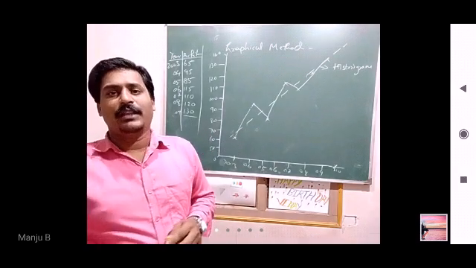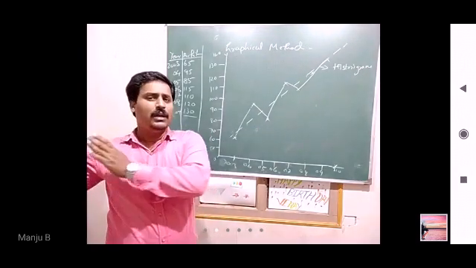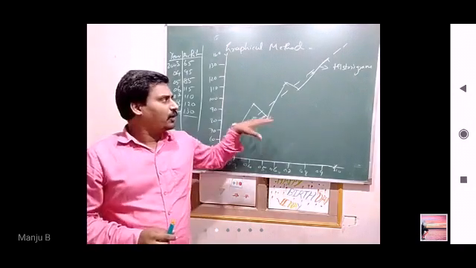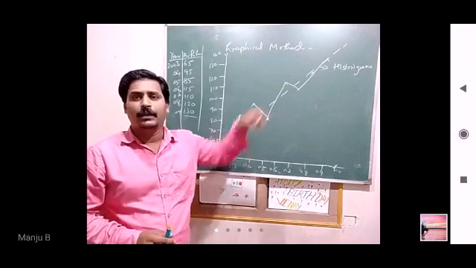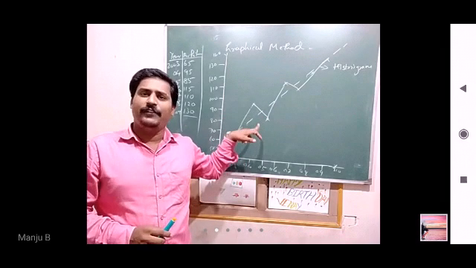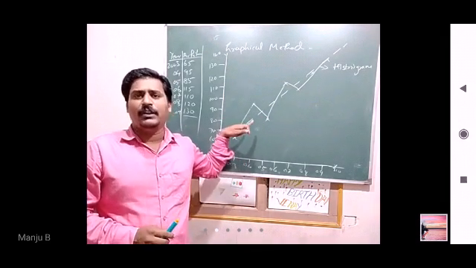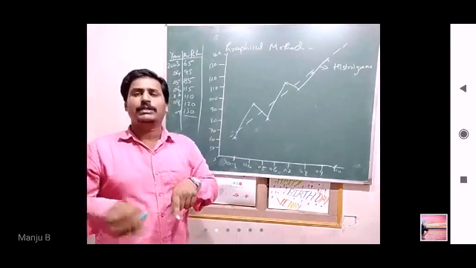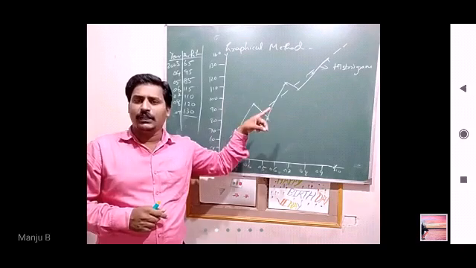After drawing the histogram, with the help of the trend values that we identify, we draw the trend line. Here in the graphical method, we roughly draw the trend line. But in the semi-average method, for those two semi-average values we draw the trend line.